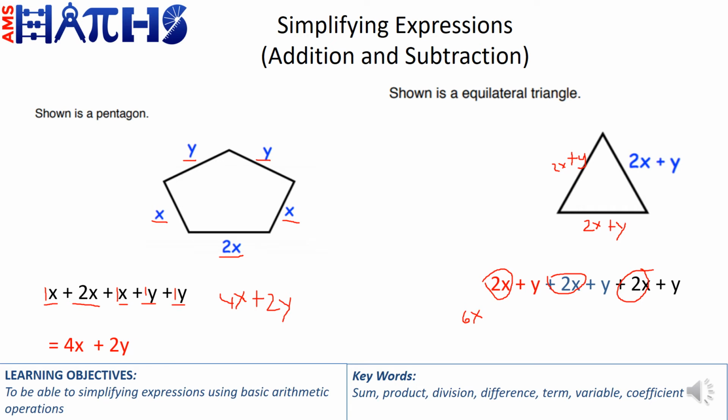Then we have 1y plus 1y plus 1y, so we end up with a total of 3y's. And that is the expression for the perimeter of the triangle.